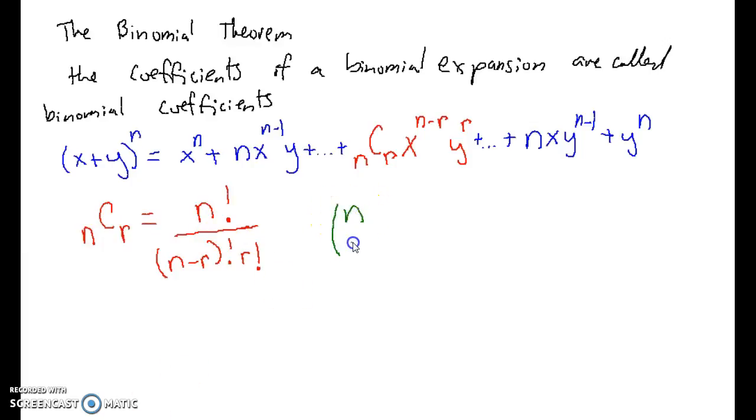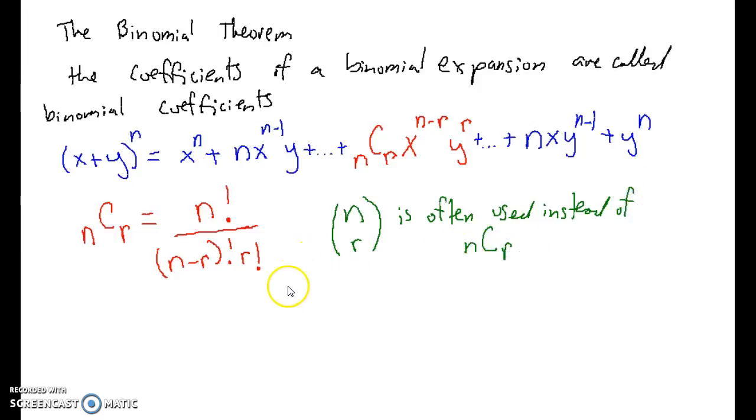The n and r are just numbers, so this is often used instead of NCR. And C just stands for combinations, which we'll get into a little bit more in 8.6.